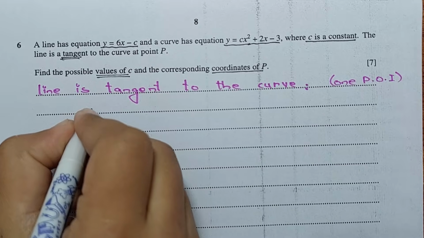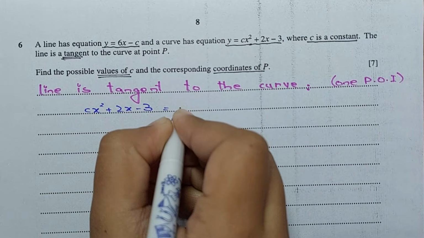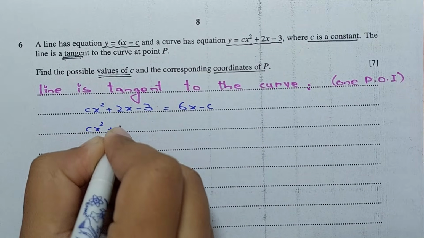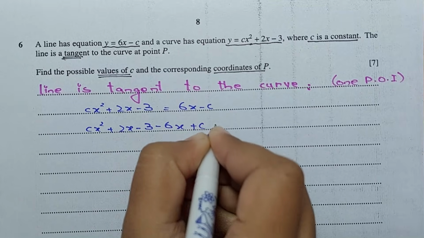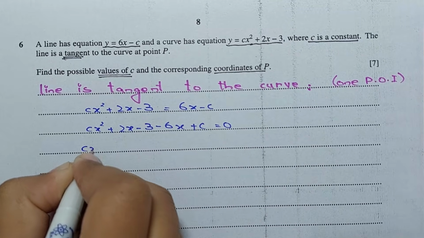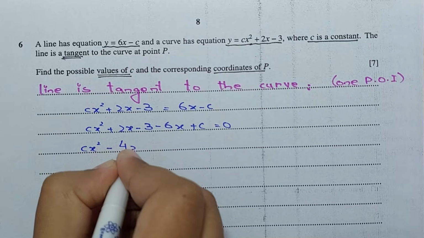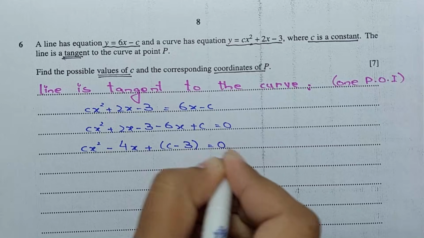Okay, so the curve is Cx squared plus 2x minus 3 equals the line, which is 6x minus C. Cx squared plus 2x minus 3 minus 6x plus C equals 0. Cx squared, 2x and minus 6x would be minus 4x, and plus C minus 3 would be the constant term.